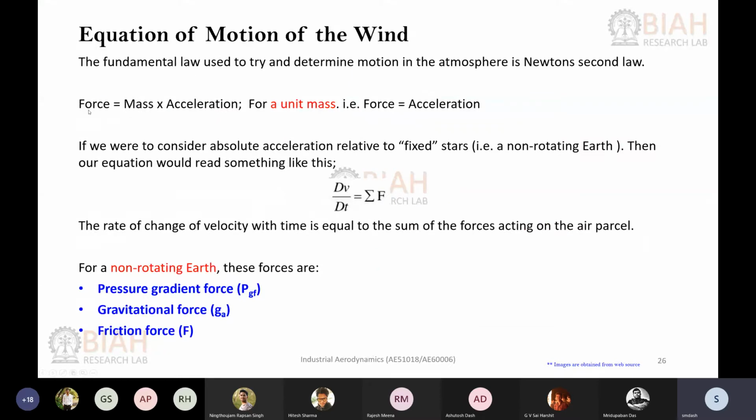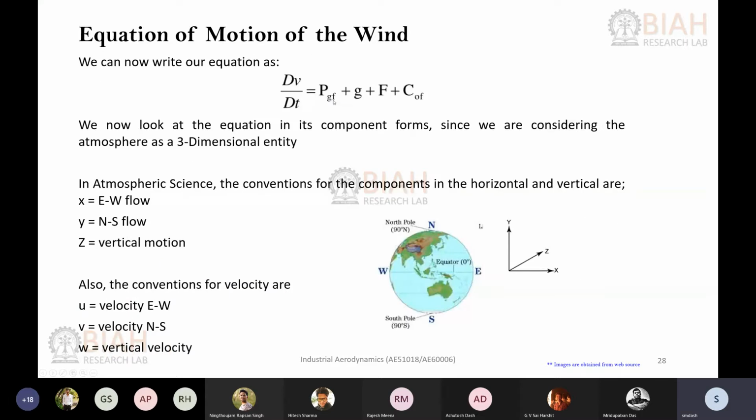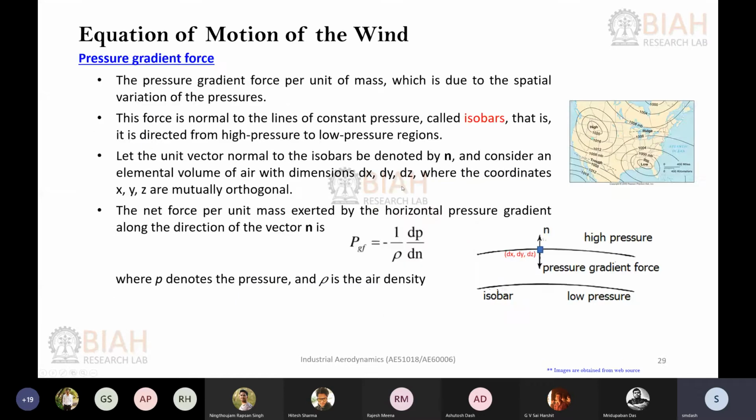If you have a unit mass, then force will be equal to acceleration. Now let's look at the detailed discussion about different forces. We start with the pressure gradient force.